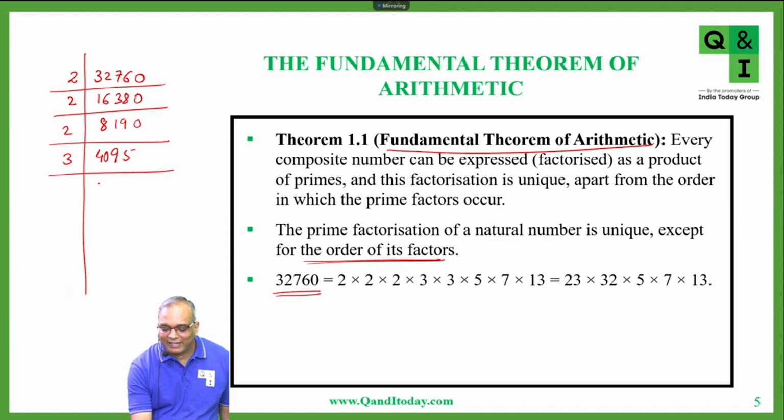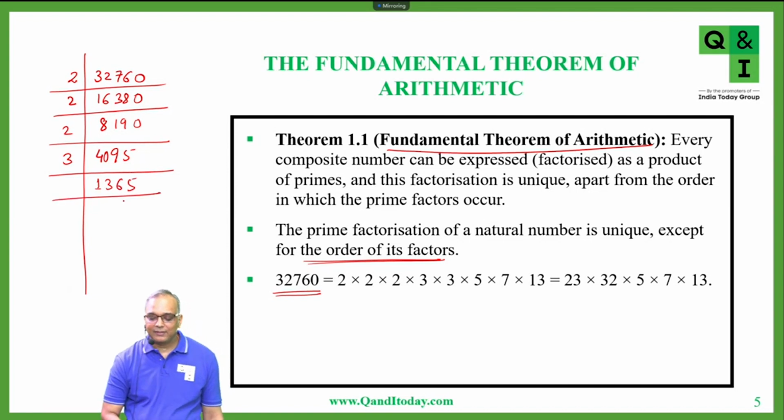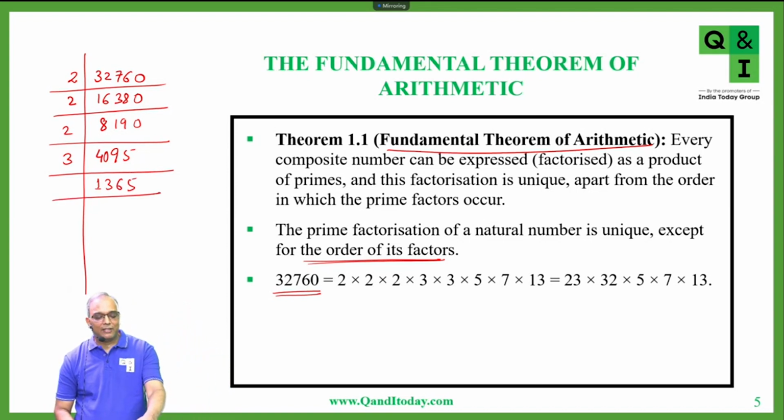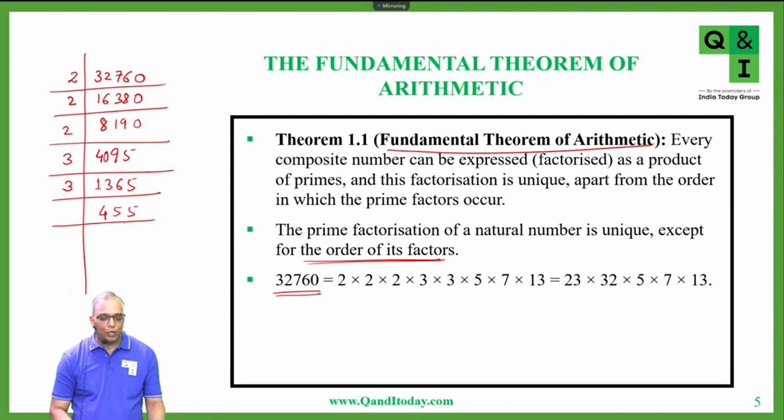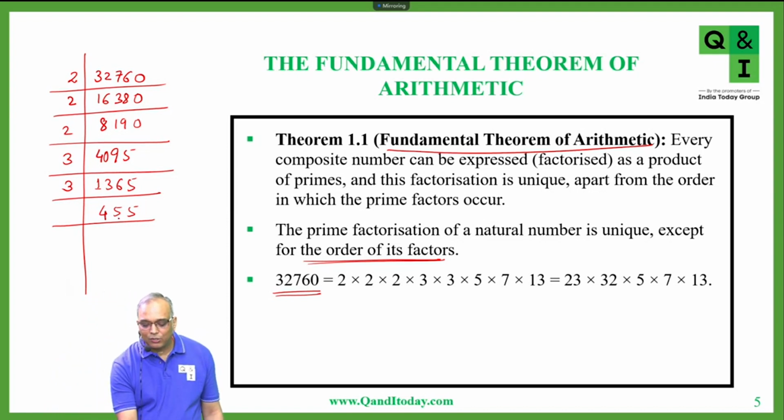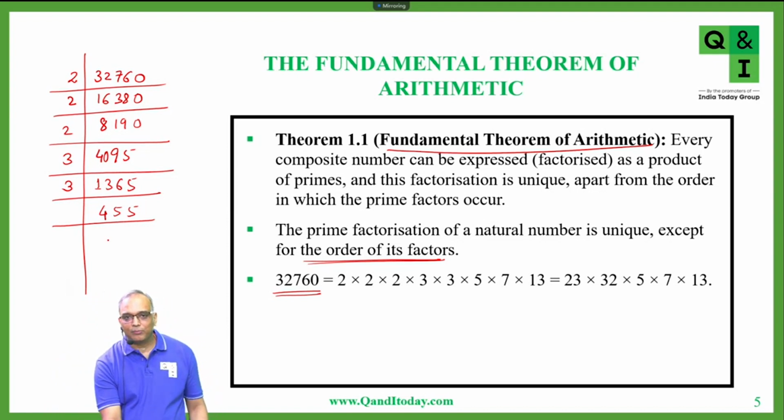So when we divide it by 3, we will have 1365. Now let's check 6 plus 5, 11 plus 3, 14 plus 1, 15. It can further be divided by 3. So we can write 455. Now when we divide this further, we know that it cannot be divisible by 3 now because the sum is 14.